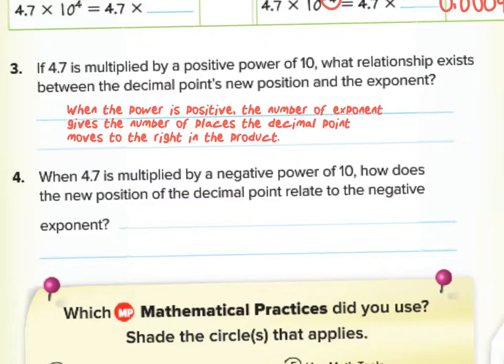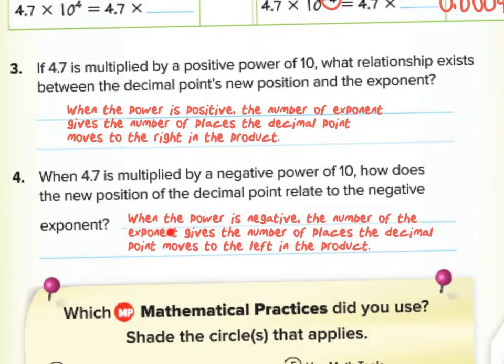Number 4. When 4.7 is multiplied by a negative power of 10, how does the new position of the decimal point relate to the negative exponent? It's essentially the same, but instead of moving to the right, it's going to move to the left. So when the power is negative, the number of the exponent gives the number of places the decimal point moves to the left in the product.